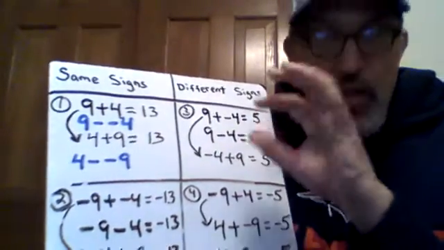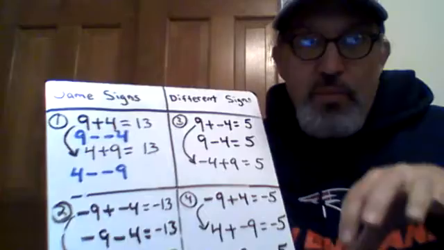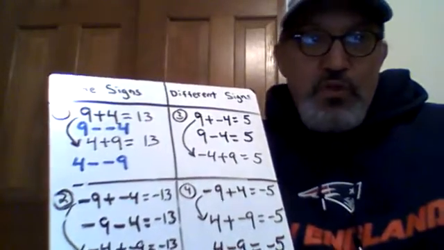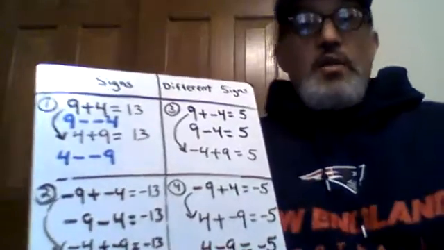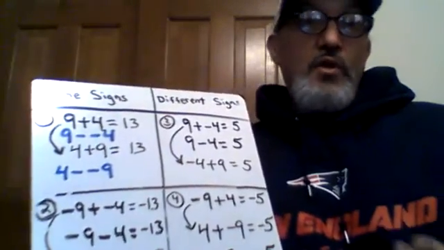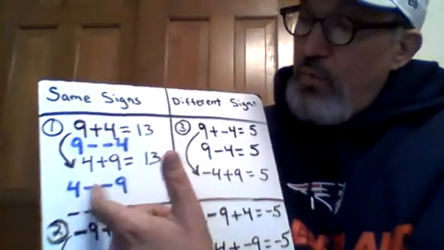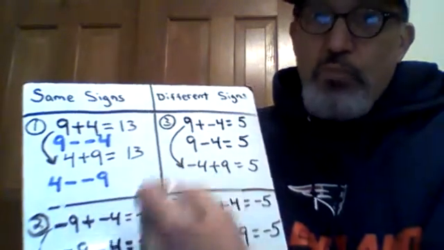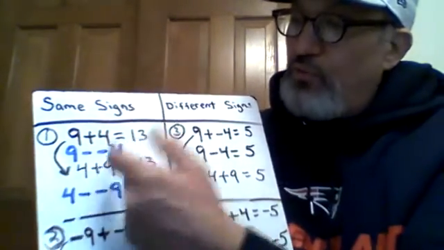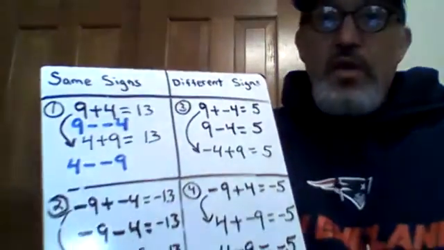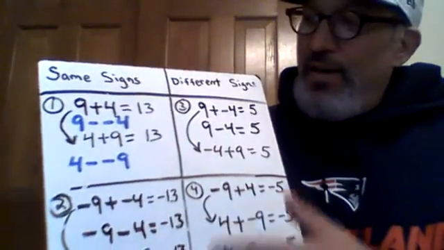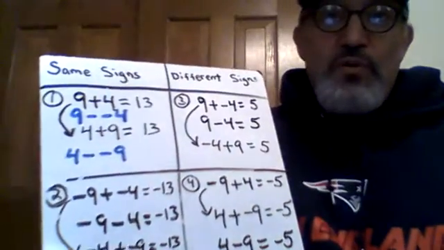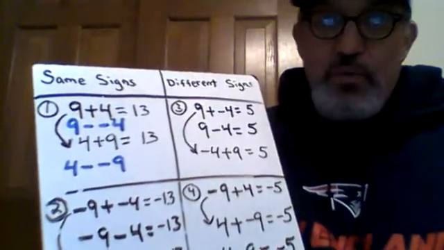But when you get into algebra, some high school algebra situations, or even in 7th or 8th grade, you're going to come across subtracting a negative, and you'll have to know how to handle it. 4 minus -9 is the same as 4 plus the opposite of -9, so it's 4 plus 9. So now we have 4 ways of representing the 9 plus 4, just like there were 4 ways of representing the number 2 problem.